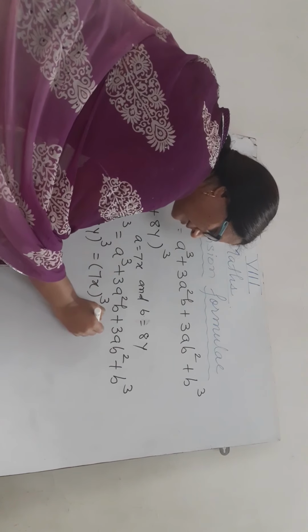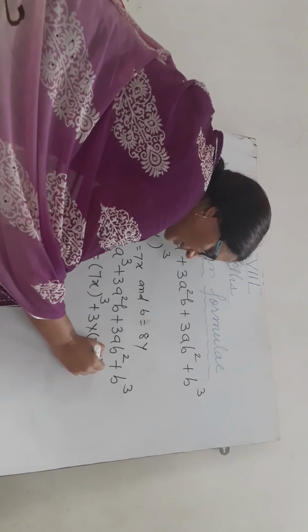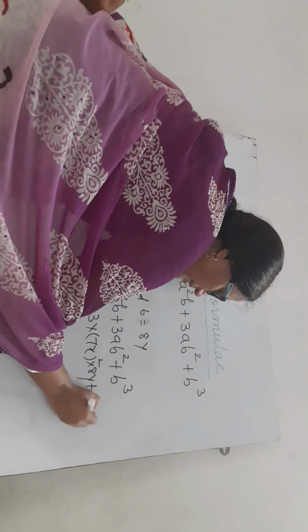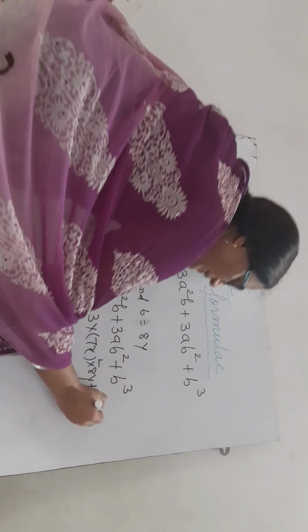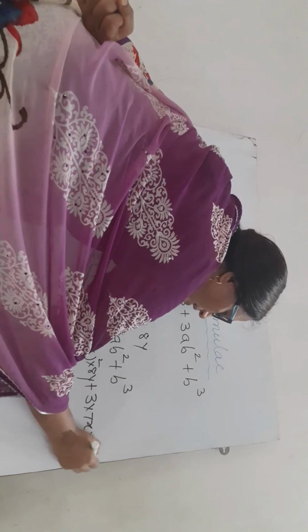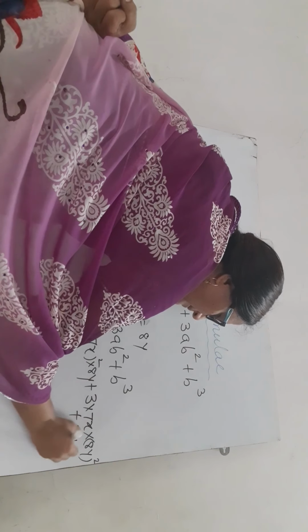Plus 3 multiplied by A square means (7x) square multiplied by 8y plus thrice A means 7x multiplied by B square means (8y) square plus B cube means (8y) cube.